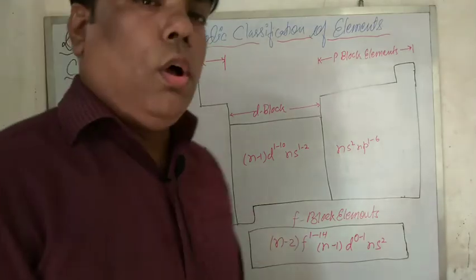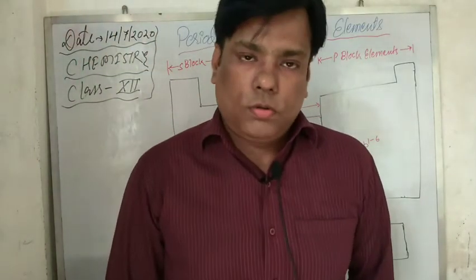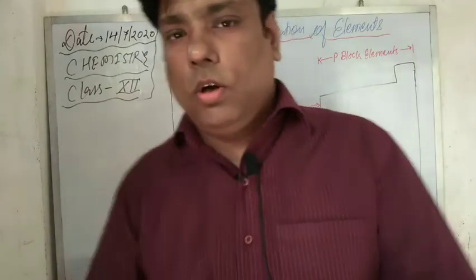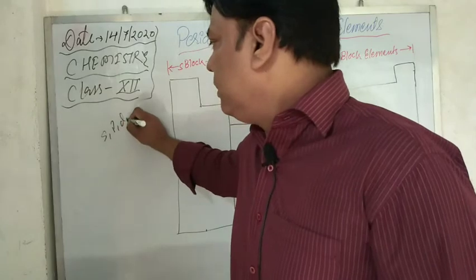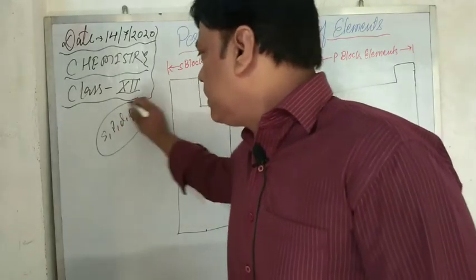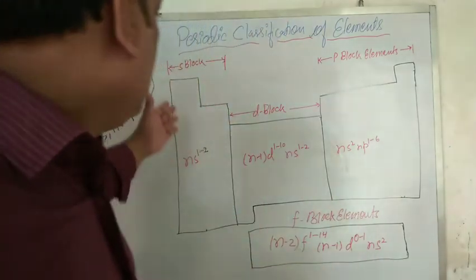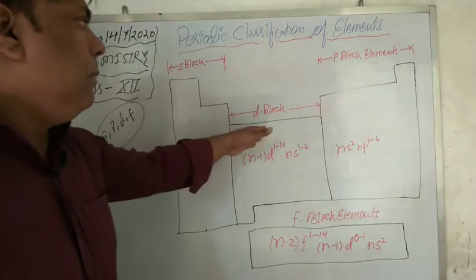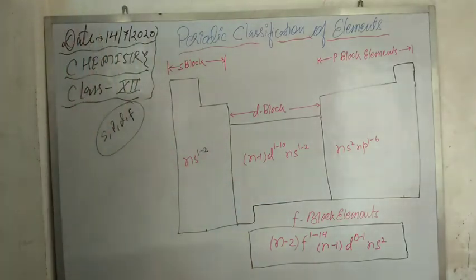The long form of the periodic table has also been divided into 4 blocks, called SPDF: the S block, D block, P block, and F block.